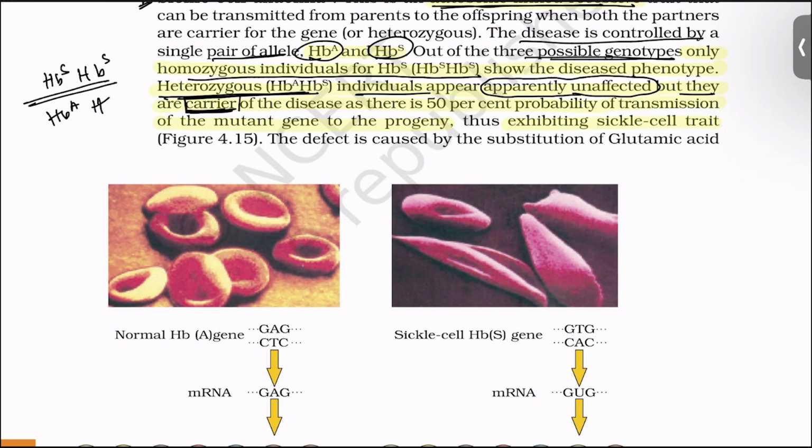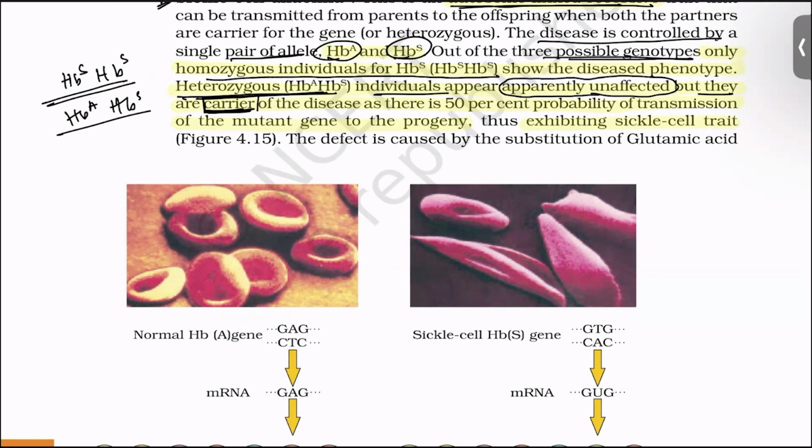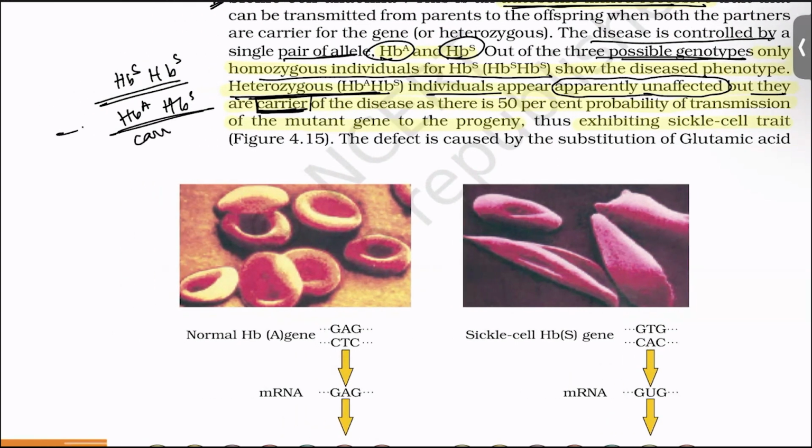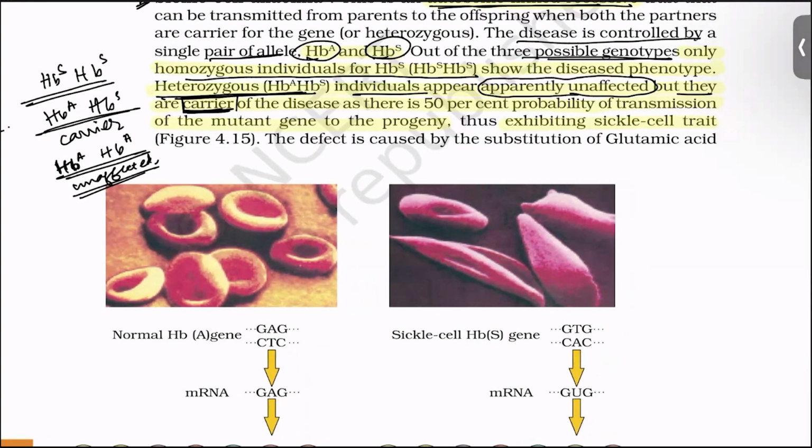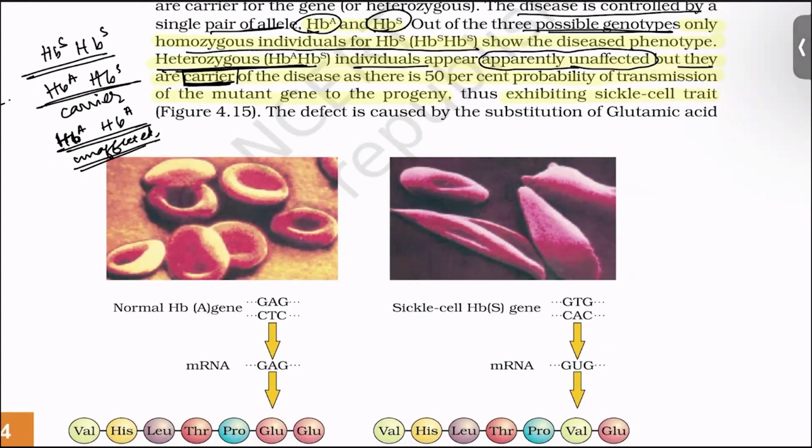HbA and HbS are carriers, and individuals with the HbA and HbA genotype are completely unaffected. So this is the main mechanism of inheritance of sickle cell anemia.